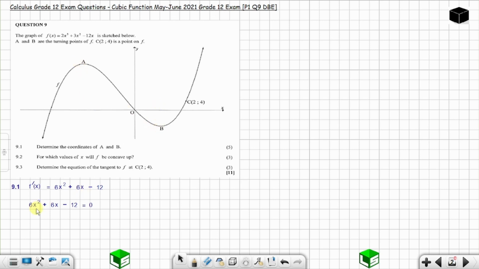You need to divide by 6 throughout. You divide by 6, you get x squared plus x minus 2, which is equal to 0. You carry on. You are going to factorize this like this.